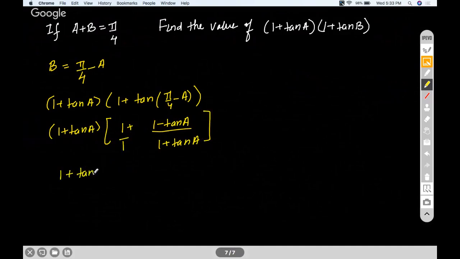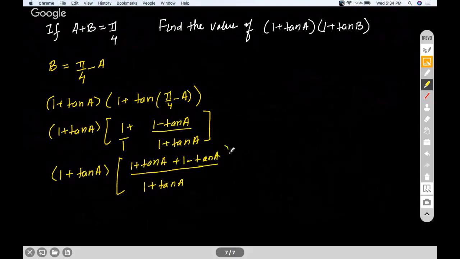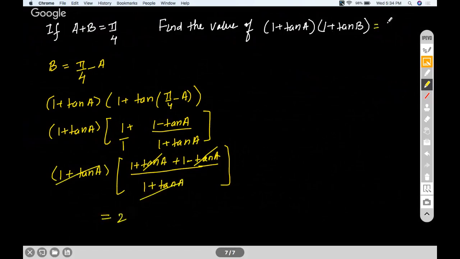Let me take an LCM over here. So this becomes 1 plus tan A and 1 minus tan A. Okay? Tan A and tan A gets cancelled. In fact, 1 plus tan A and 1 plus tan A also gets cancelled, leaving you the answer as 2. So this becomes actually 2.